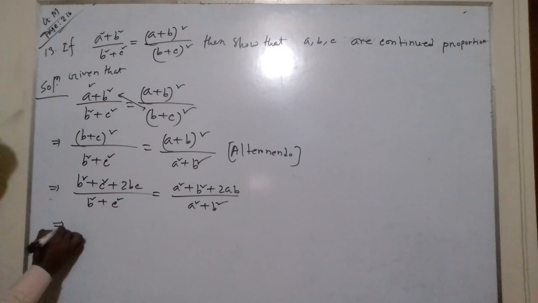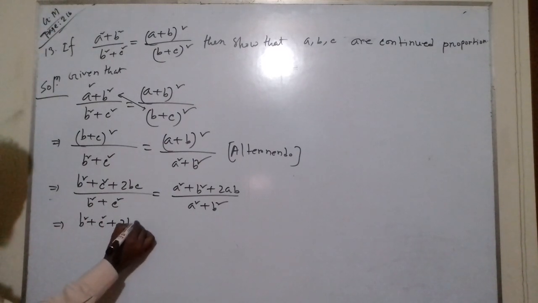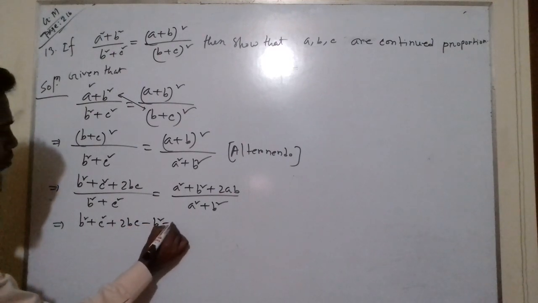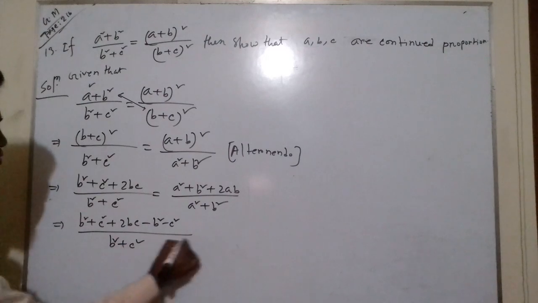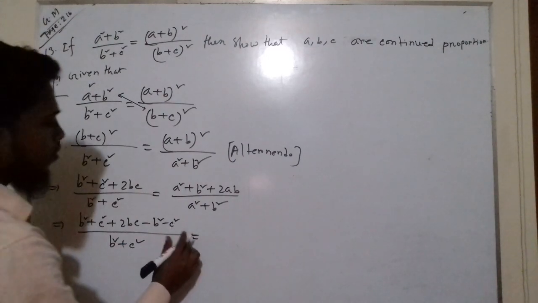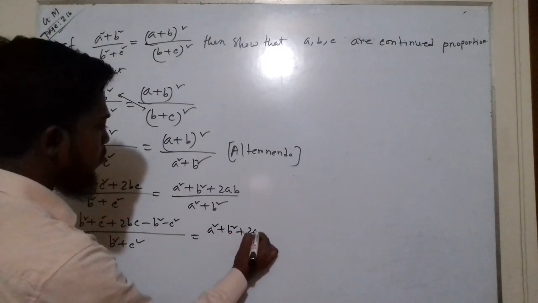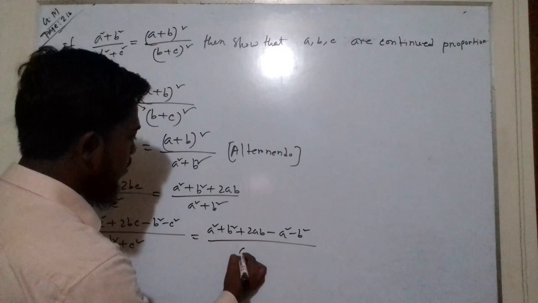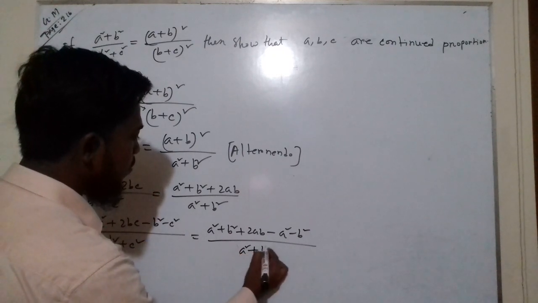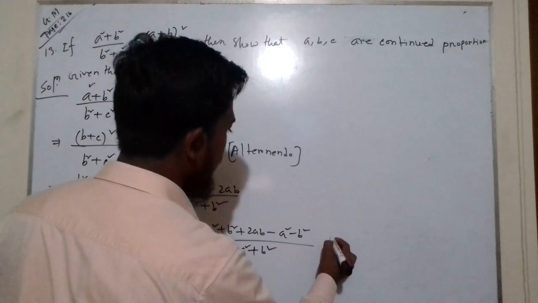So b square plus c square plus 2bc minus b square minus c square divided by b square plus c square equals a square plus b square plus 2ab minus a square minus b square divided by a square plus b square. Only apply the formula of dividendo.